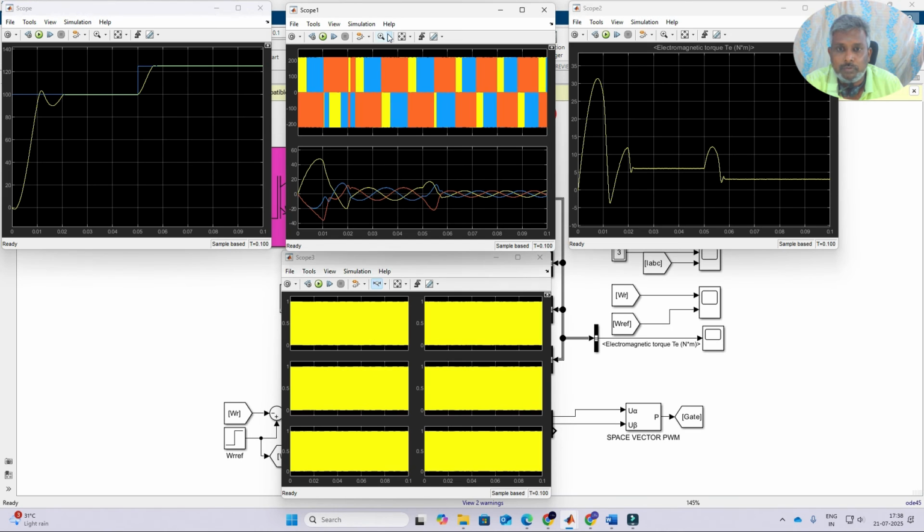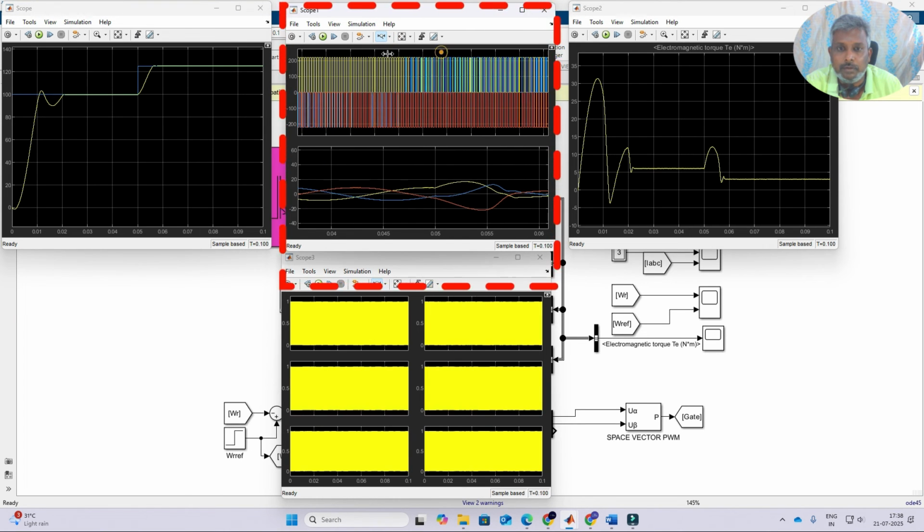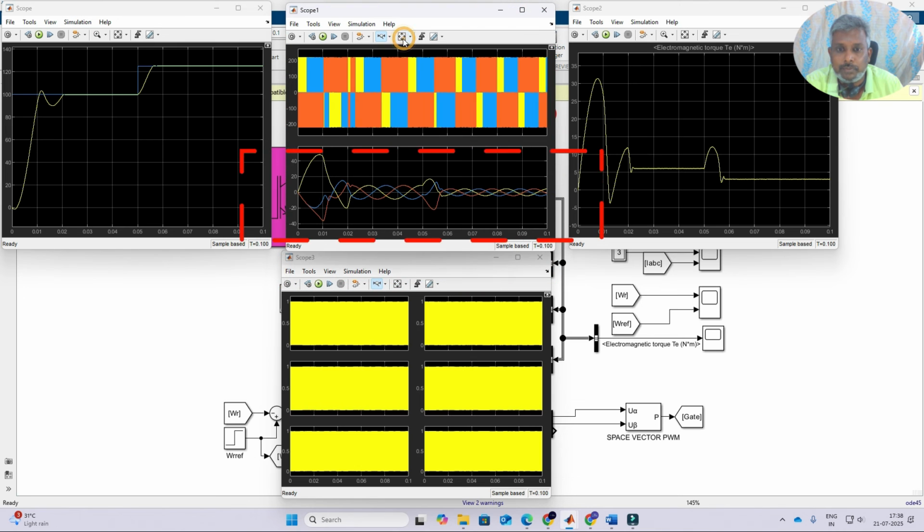Here you see the output voltage of the inverter for the PMSM input, and here the starting current and then the steady state current. This is a current deviation due to the change in speed reference, and this is the current after stable operation.